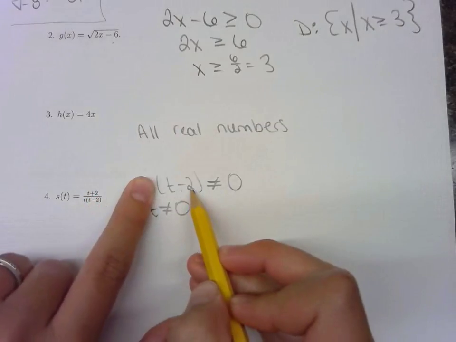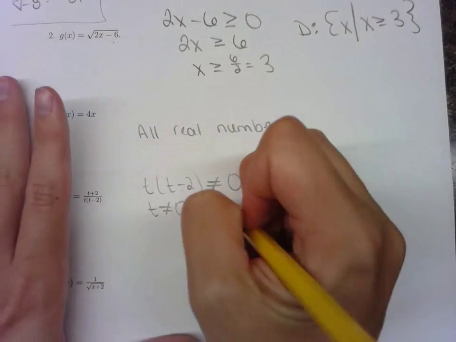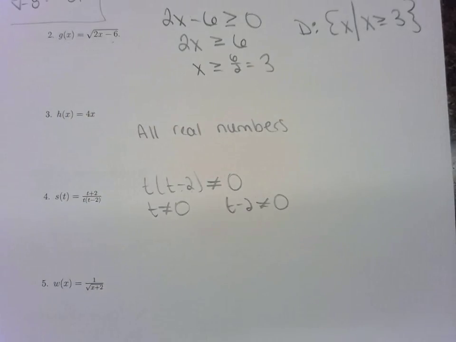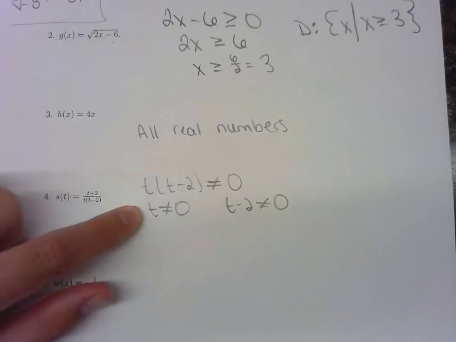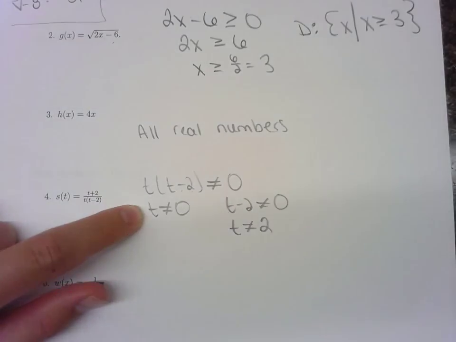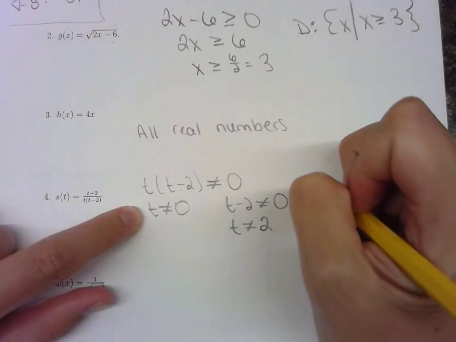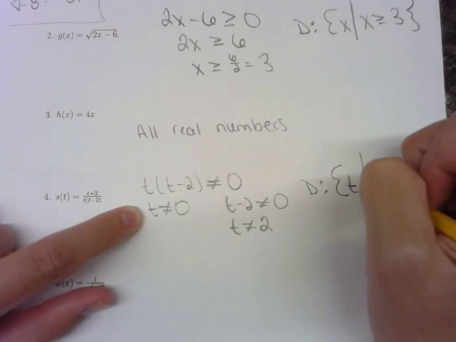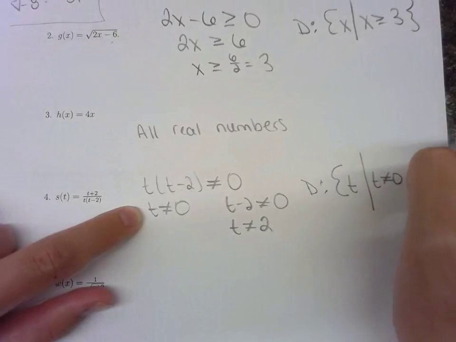If t minus 2 were 0, the whole thing would be 0, so t minus 2 can't be 0. We can break that up using the zero product rule. We can get t by itself, so t can't be 2. So our domain would be all t such that t isn't 0 and t isn't 2.